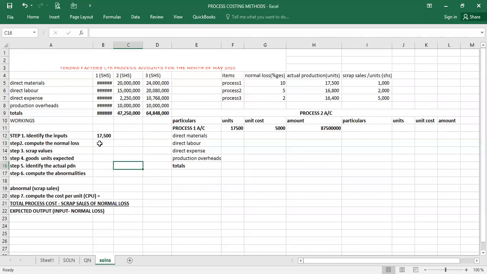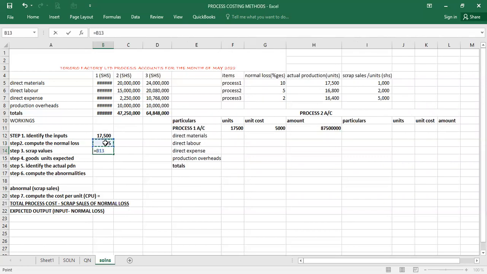And they told us that the normal loss is 5%. So it will be 5%. We multiply that by the input and it will give us that. So we get the scrap value.